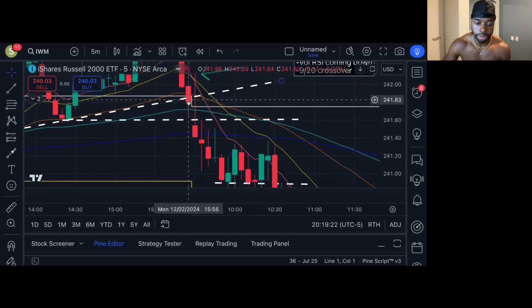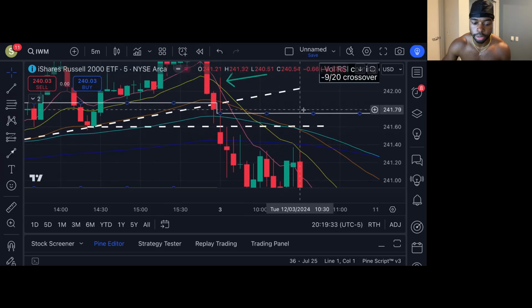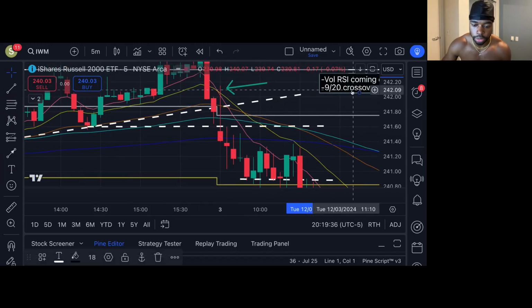What else did we see? We had a massive topside wick here. Remember, topside wicks show you that sellers are stepping in. Once this bar formed, we knew sellers were stepping in.